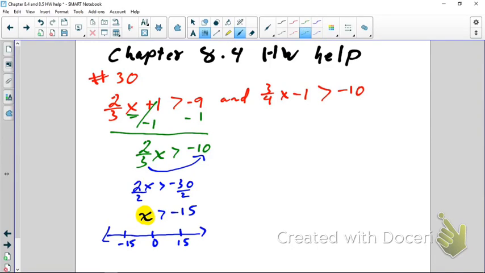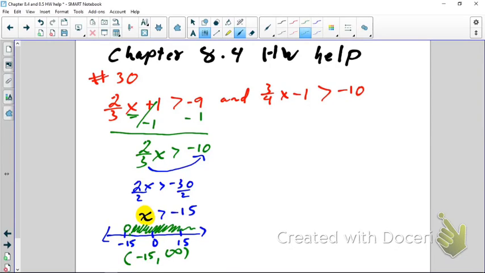And at this point it's going to be an open dot, and it's everything that's greater than that, so everything to the right of that. The way that we describe that as an interval is open parentheses -15 comma positive infinity, and we close it up.